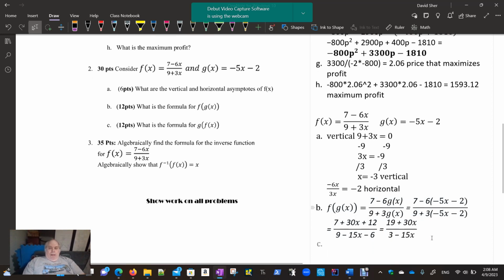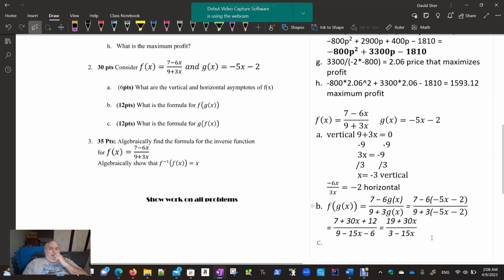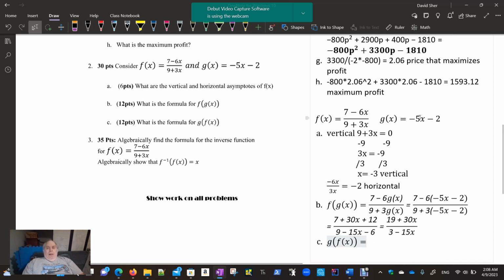So now we're up to part C. We'll plug f of x into g of x. So I'm going to take g of f of x, which is going to equal this expression, but instead of x, we're going to have f of x.